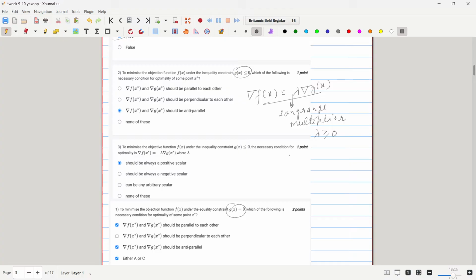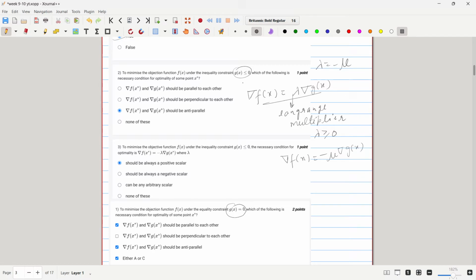Now, for optimality, if g(x) is less than or equal to 0, you can substitute lambda as minus mu. So your gradient of f(x) can be written as minus mu times gradient of g(x).